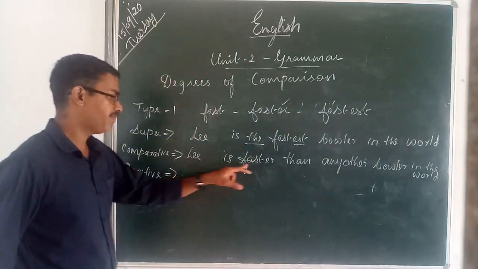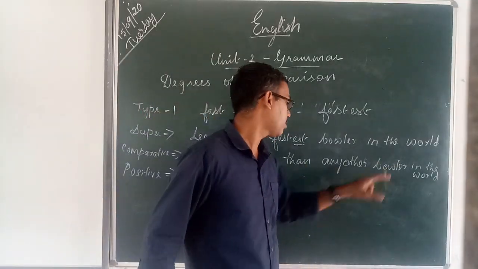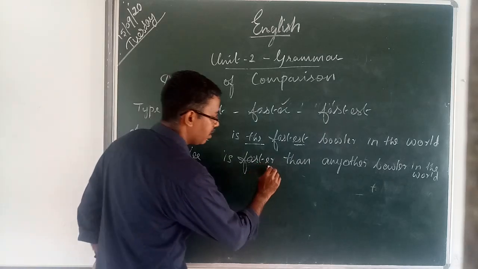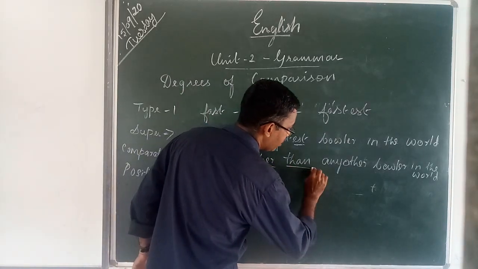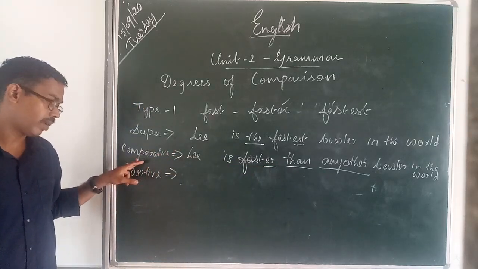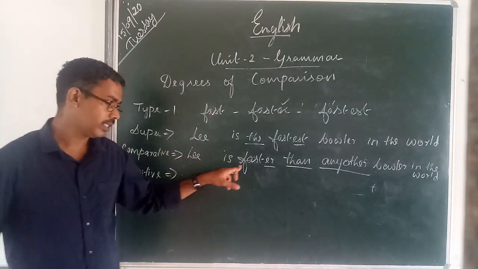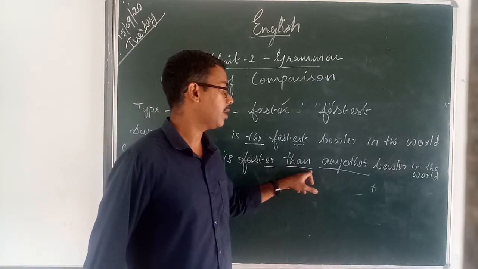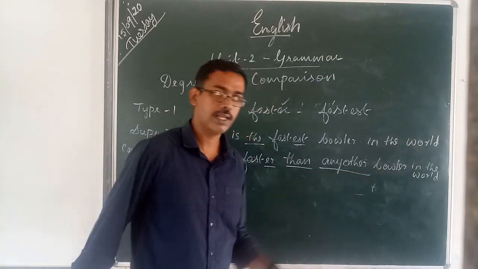Here, Lee is faster than any other bowler in the world. This is important: faster than any other. These three words are important when you write in the comparative.